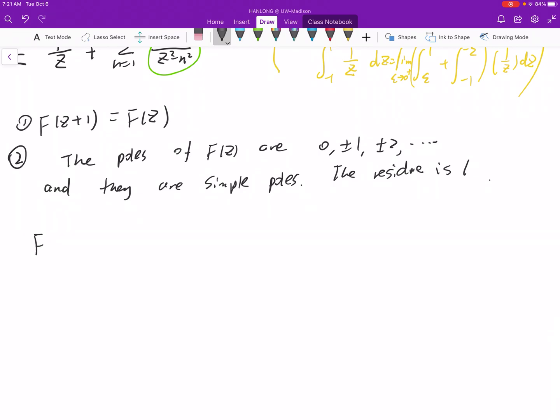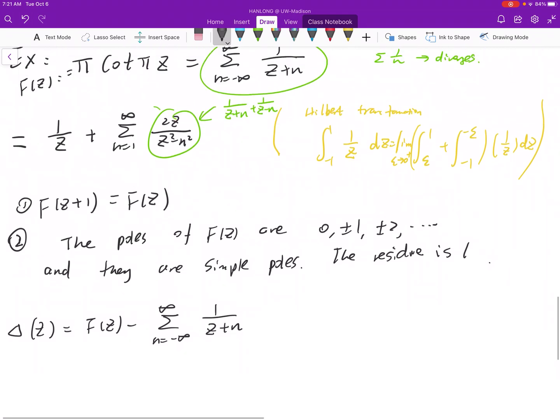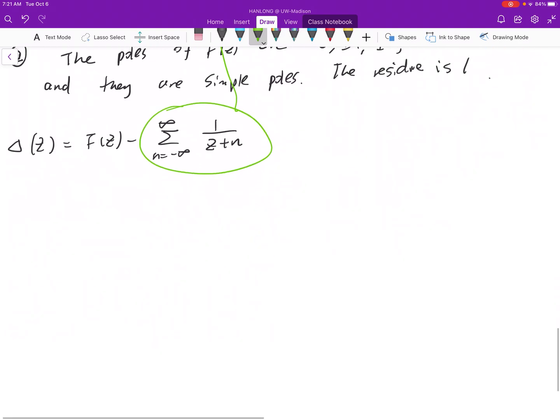Therefore, if you consider delta z equals F minus the infinite sum, understood in this way, then what can we conclude?